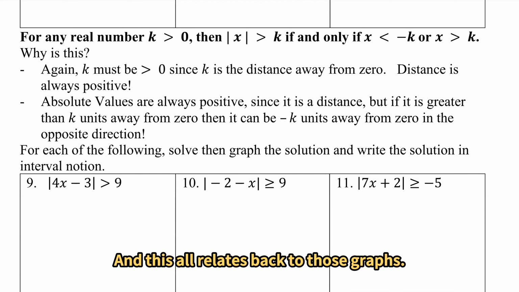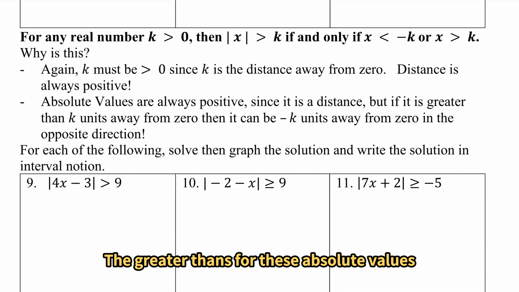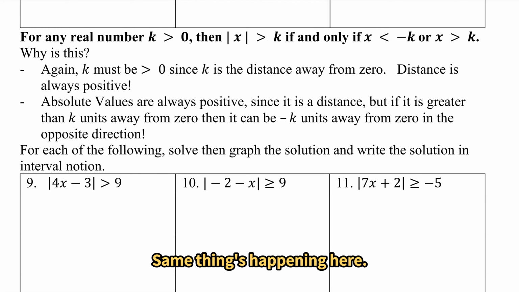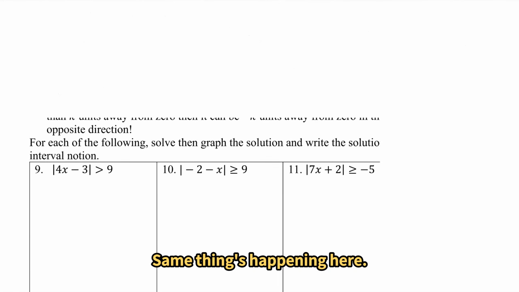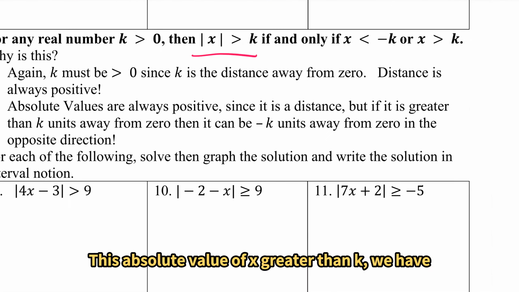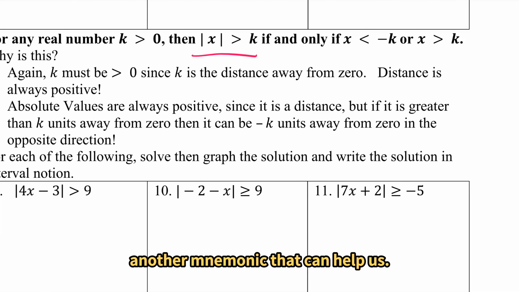And this all relates back to those graphs. The greater thans for these absolute values were the tails that were going off into infinity. The same thing's happening here. Just like before with our less than, this absolute value of x greater than k, we have another mnemonic that can help us.